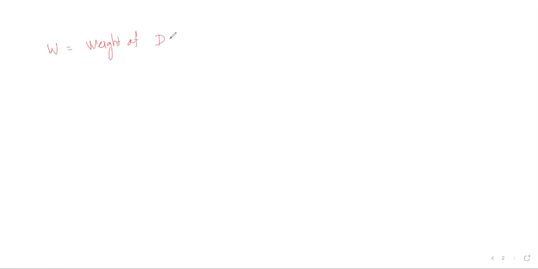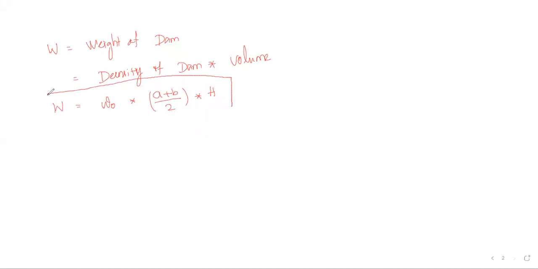We all know that this is density of dam into volume of dam, where volume is nothing but area into height. Here density is denoted by W naught, and the area is equal to (A plus B) divided by 2, into H. So this is the formula for calculating the weight of the dam.